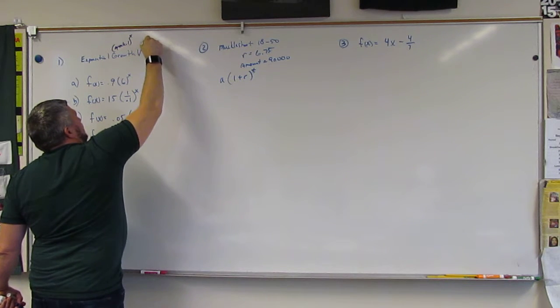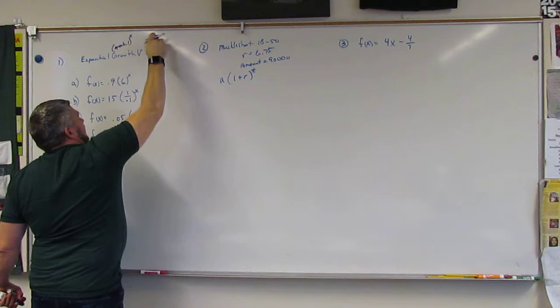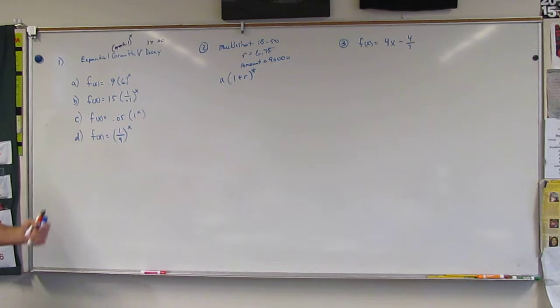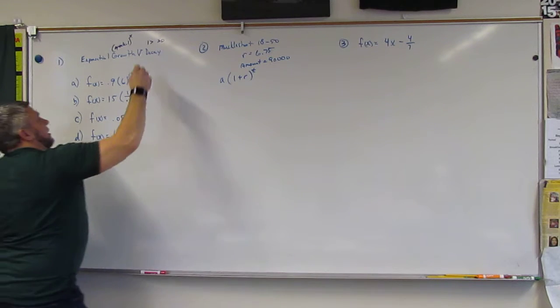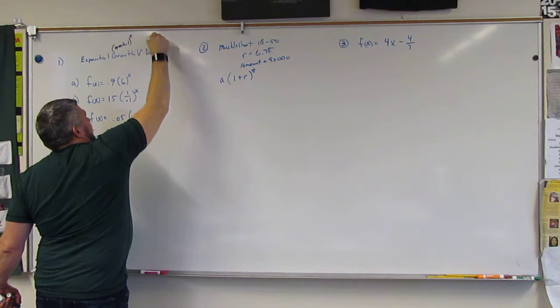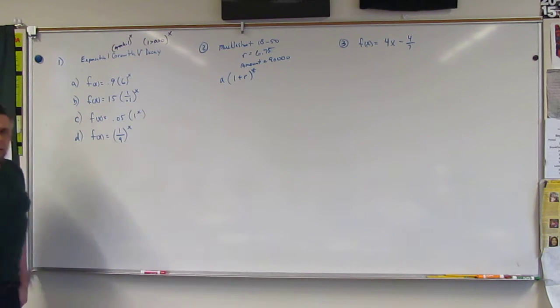For decay, this has to be less than 1 but also greater than 0. Whatever this is, let's say A.